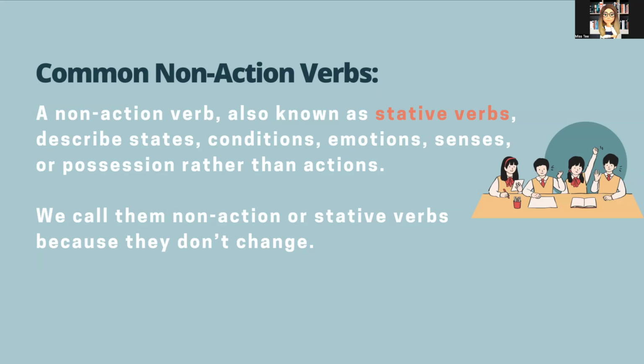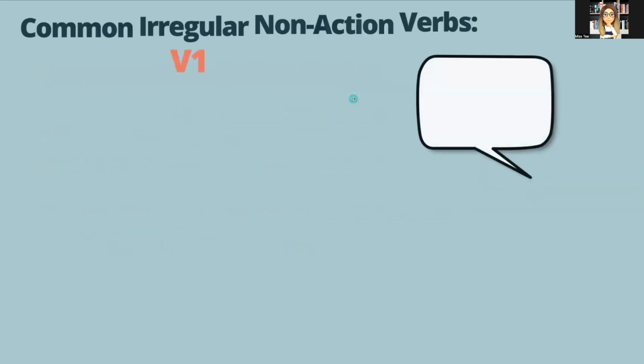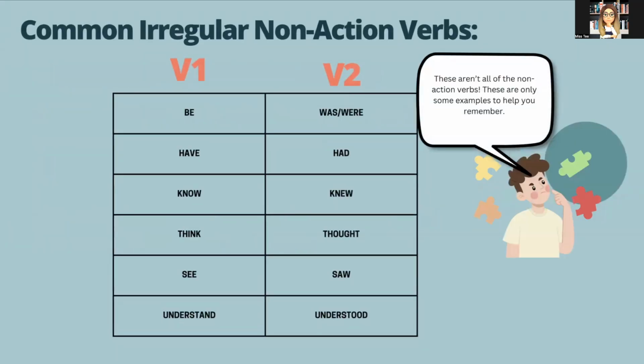These are all actions because you're moving clearly and doing some kind of action when you're doing these things. But now stative verbs describe a state, like the form of being, for example. And so we call them non-action or stative verbs because they don't change. They're static, not changing.